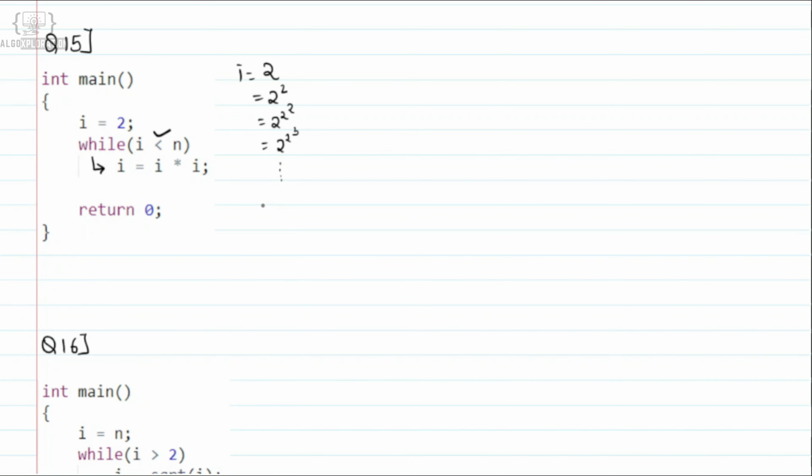And so on till 2 raised to 2 raised to k. This will be equal to n so that the while loop will terminate. Now we have to calculate the value of k. So 2 raised to 2 raised to k equals n.